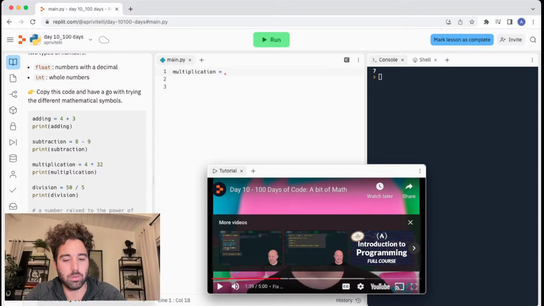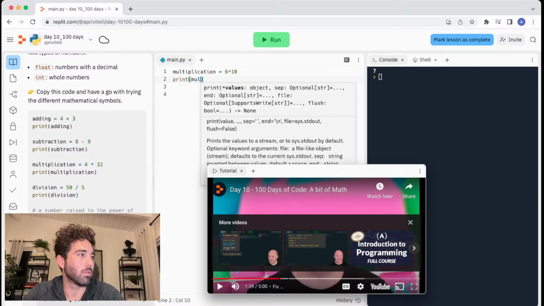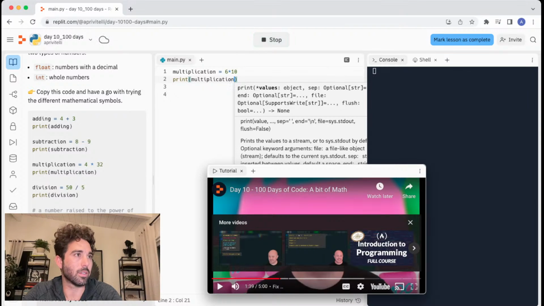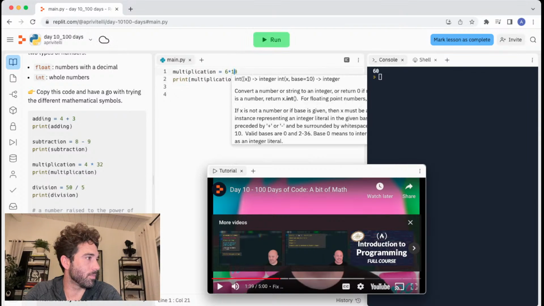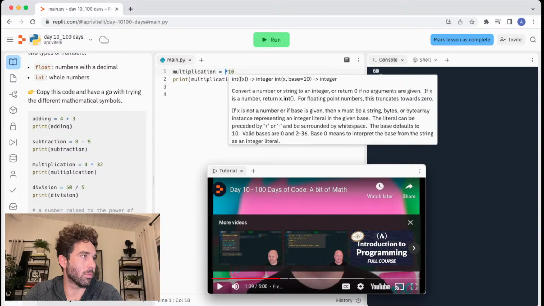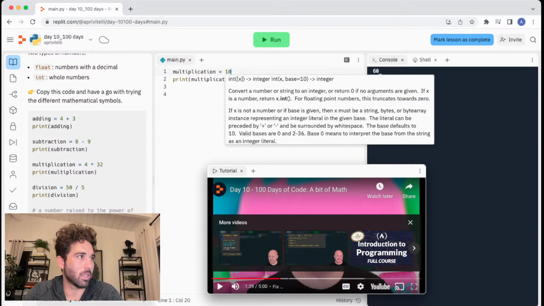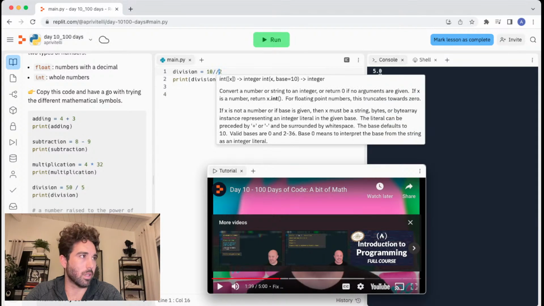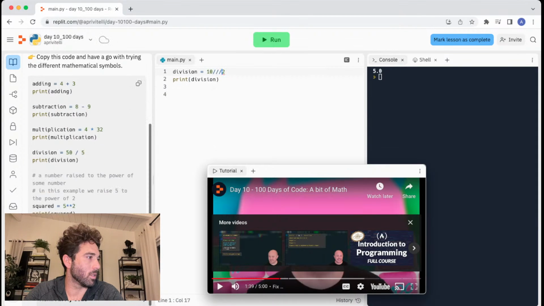Multiplication equals 5 times 10, 6 times 10, print multiplication, 60, okay, let's do, whoops, 10 divided by 2. 5. Okay, let's do this. Wait, what's the double divisor?